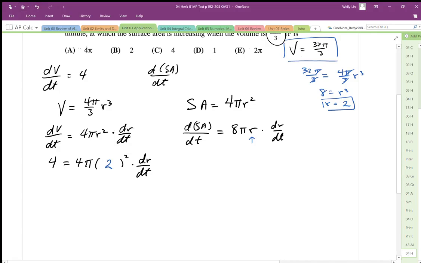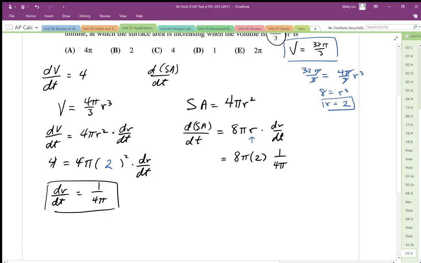So solving for dr/dt, the 4's cancel out, so I end up with 1 over 4 pi. That's my dr/dt. I now can calculate my change in surface area over the change in time by substituting in all the parts that I know here. So r is equal to 2, dr/dt is equal to 1 over 4 pi.